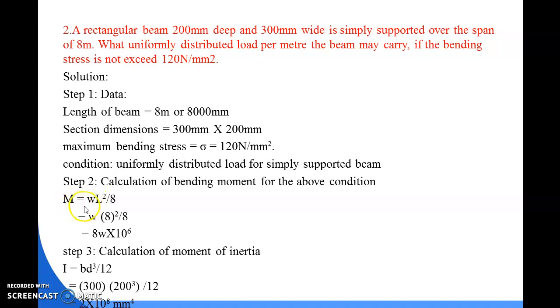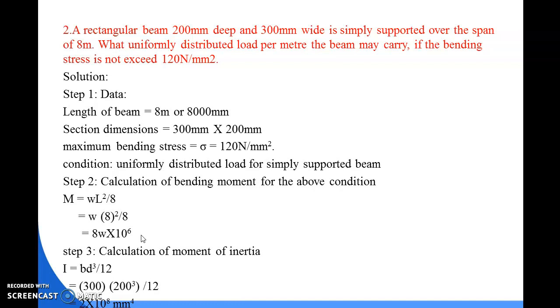So M is equal to WL square divided by 8. We don't know the W value, but we know the L value. So we can put 8 meter in place of L and calculate. We will get the value 8 into 10 to the power 6 W.